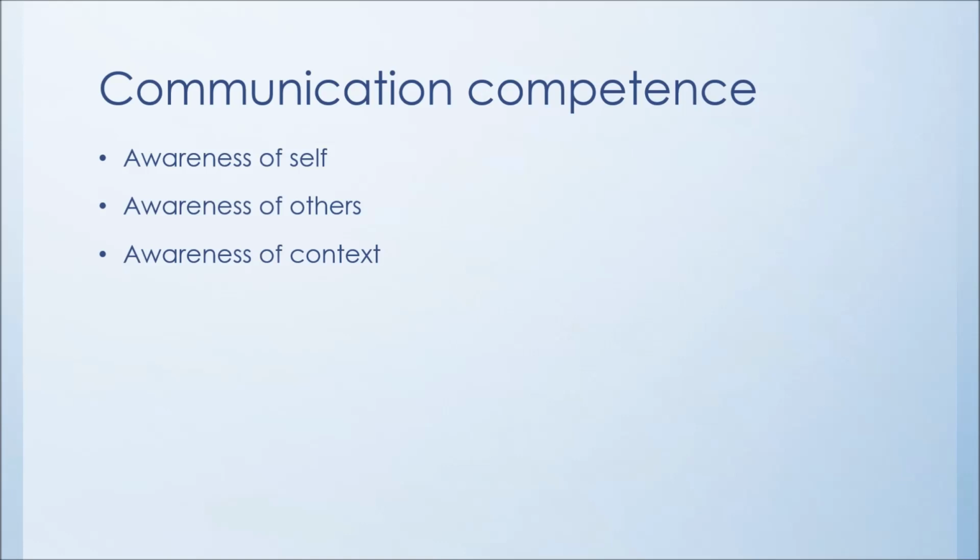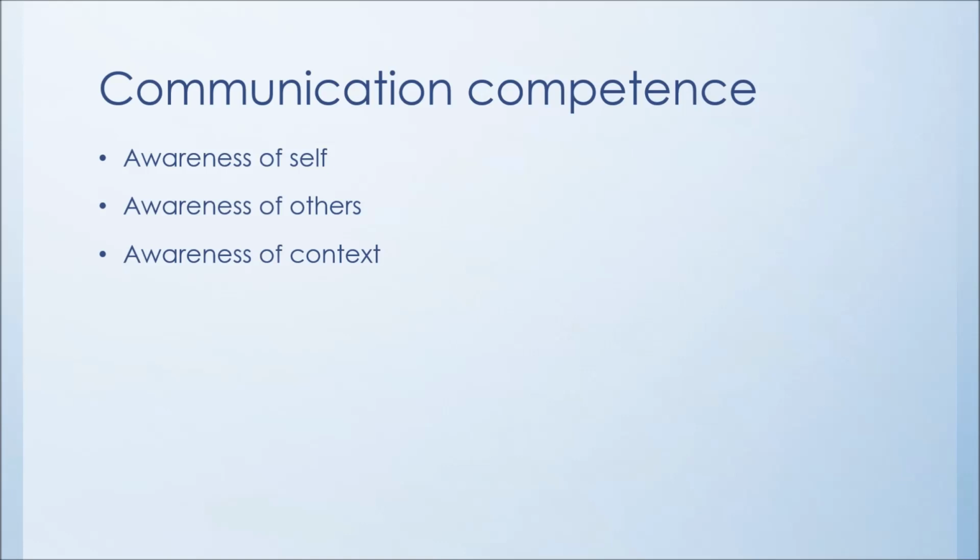So the first element here, awareness of self. Understanding our own motivations and limitations. Why are we making the choices we're making? What perceptual set are we working from? What preconceived attitudes might we be bringing to the communication process?